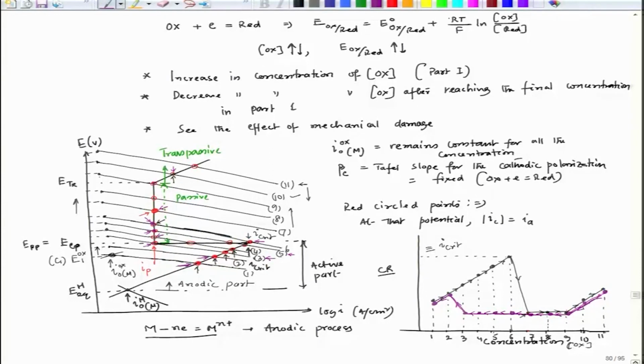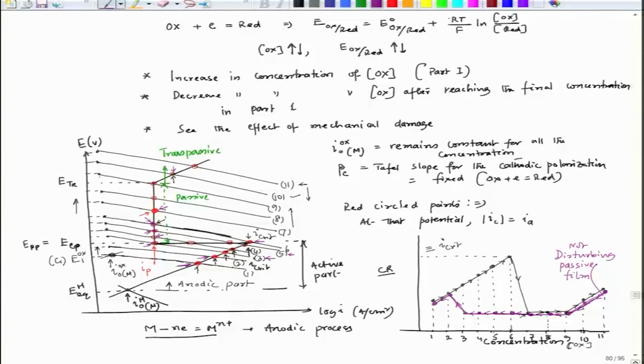So in this case, I am not disturbing the surface, not disturbing the passive film. Now, if we disturb, what would happen?